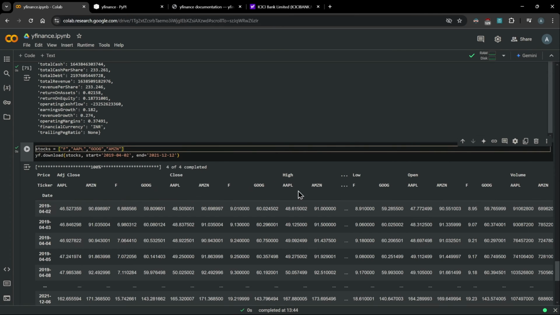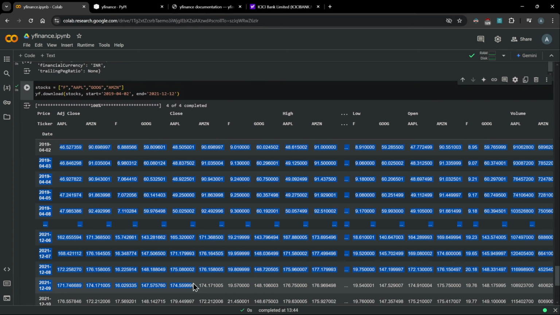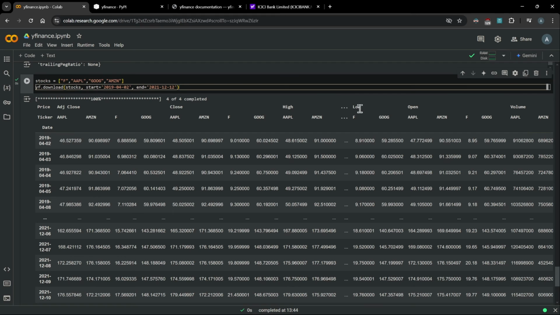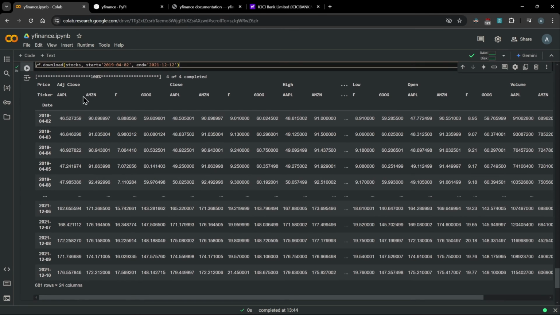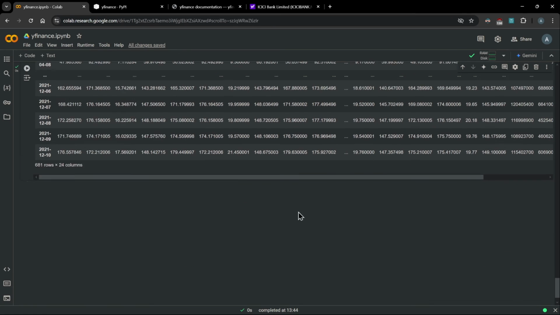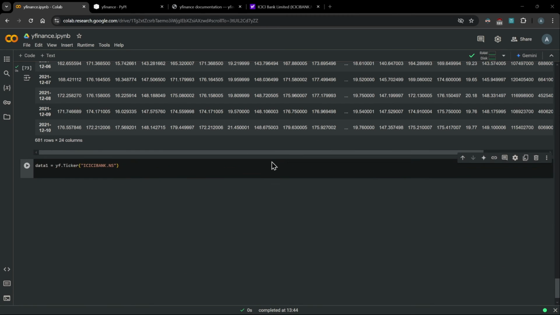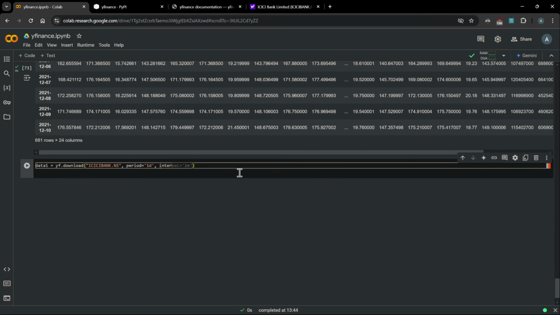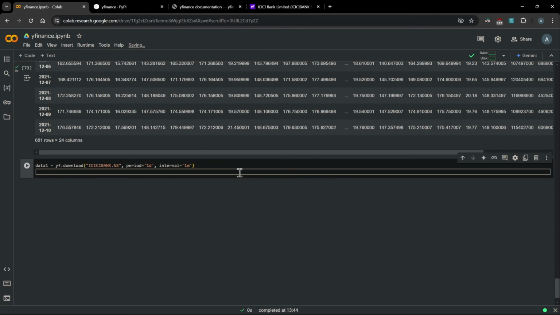So now you get every stock's opening and closing from this time period to this time period. You could have also specified a period. Let's see what we get.